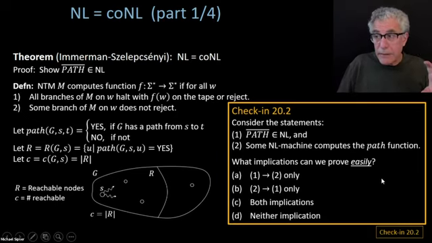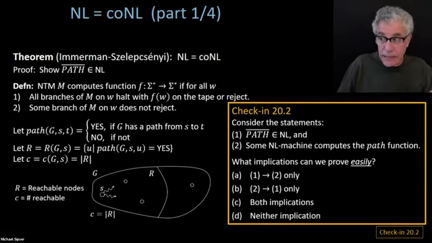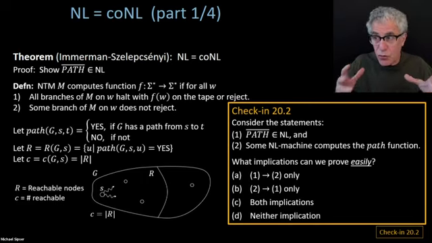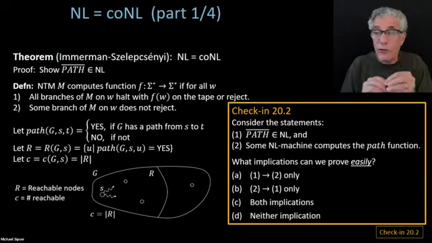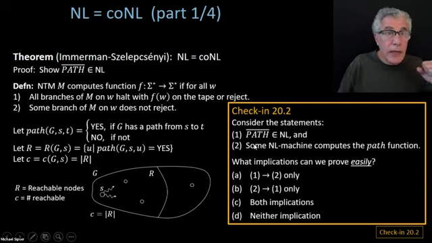These are going to be related facts. Which one can we prove from the other easily? I mean, they're both going to be true, so in some sense it's trivial. But I want to know which one can we prove kind of immediately without doing much work: that I can solve the complement of the path problem in NL, or that I can compute the path function in NL. So what do you think?